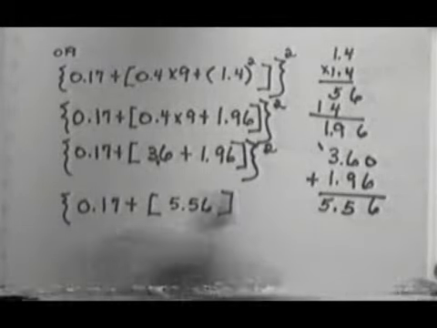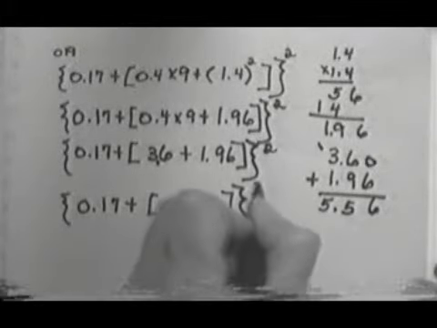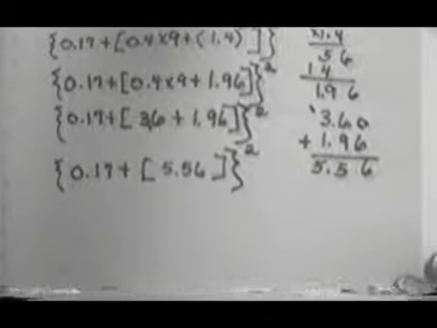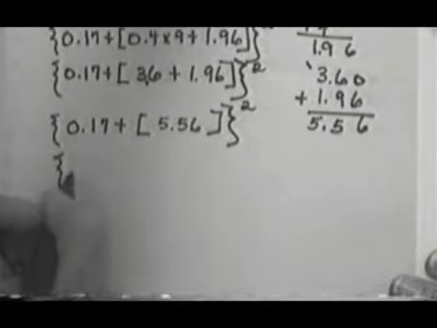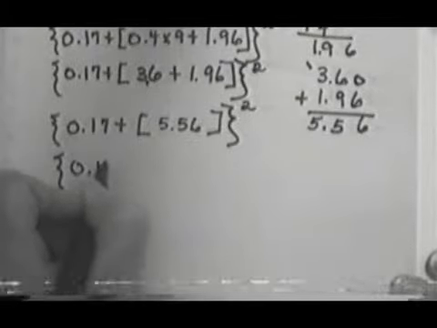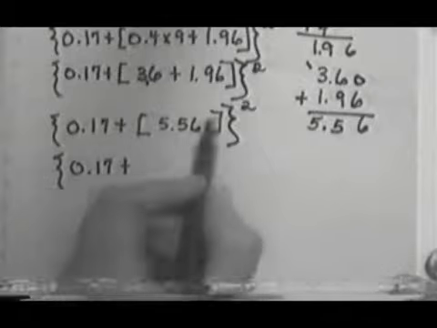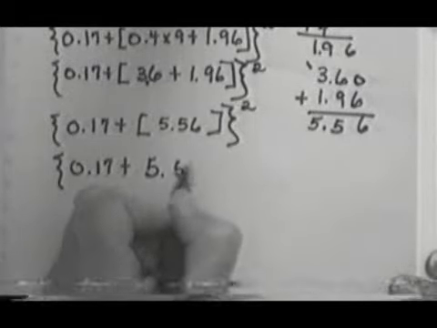Now, still have to write my braces and my squared out here. Now, actually, since I got the answer to the bracket then, I could have dropped my bracket off. In fact, why don't we write it again? And this time, go ahead and drop that bracket off. I have 17 hundredths plus, since I'm just adding here, and the bracket has nothing outside of it, I'm just going to drop it off and write my 5.56.